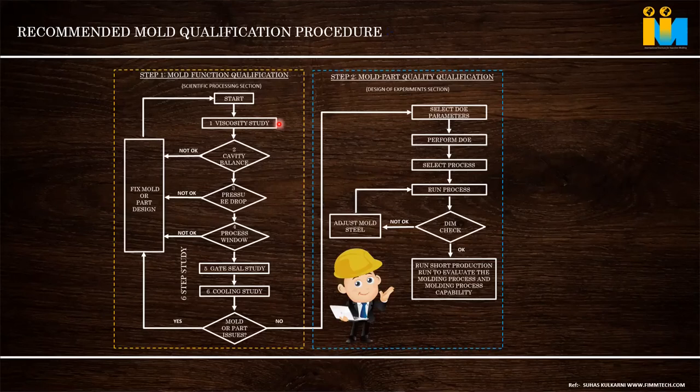If part quality differs within that range, it means we are setting a very critical process. So we should have a wide processing window. Our process setting should accommodate changes in the environment, summer season, winter season, morning, night, noon, and small changes in the raw material.